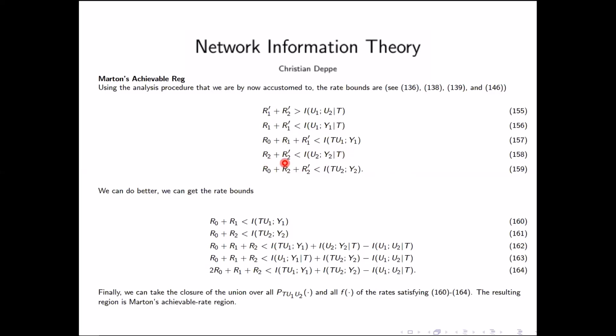And R2 plus R2' must be smaller than the mutual information of U2, Y2 under the condition T. And finally, R0 plus R2 plus R2' must be smaller than the mutual information of the joint distribution T, U2, and Y2.